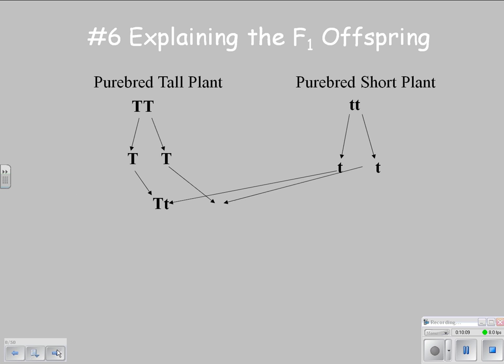So these were 100% tall. Even though they had different alleles, they were 100% tall.